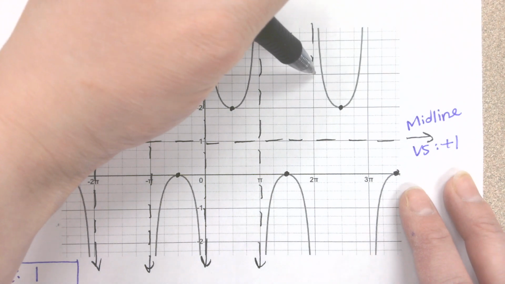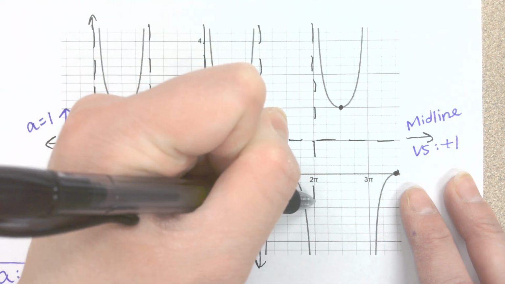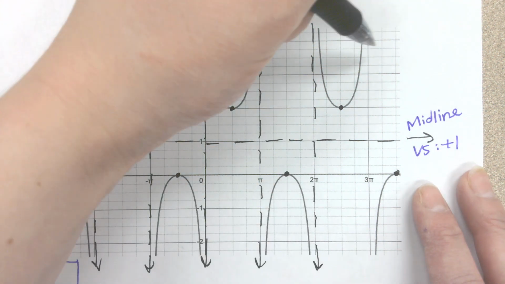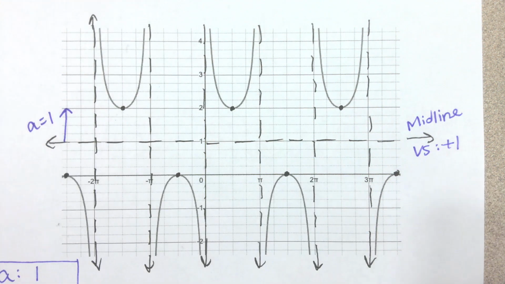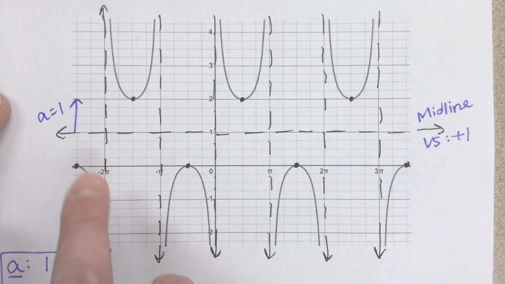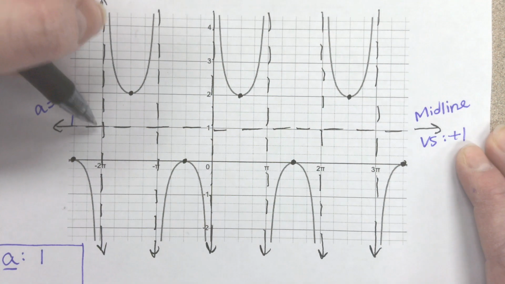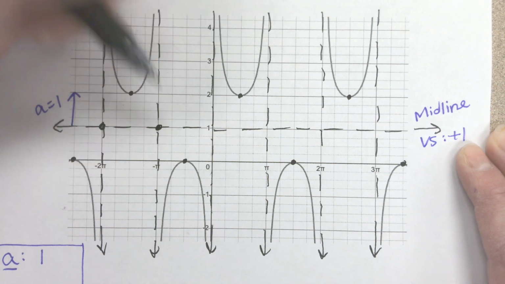There are going to be some graphs where the curves are a bit farther apart, so identifying the asymptotes will be a tad trickier, but this one's pretty straightforward. And all of these intersections here, these are the midline points that we graph.